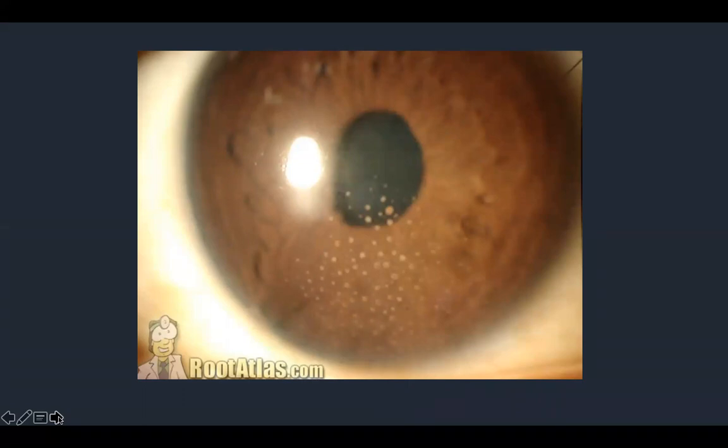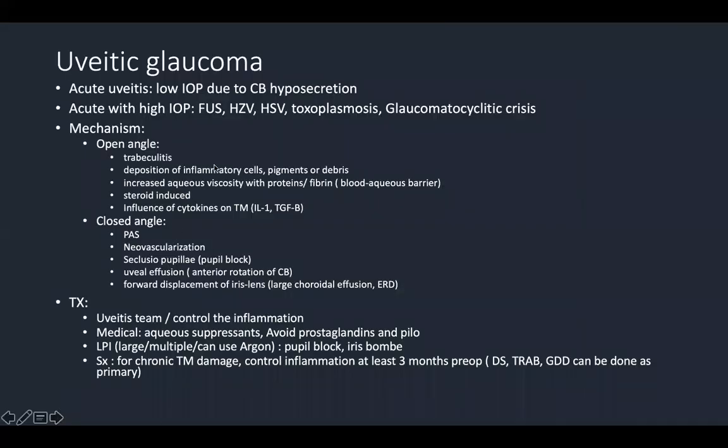So usually acute uveitis with high IOP is related to trabeculitis, as you mentioned. You can take this slide, it's just for a review. Those are the differentials of high IOP in acute uveitis, because otherwise, usually acute presentations have low IOP related to ciliary body shutdown and hyposecretion.